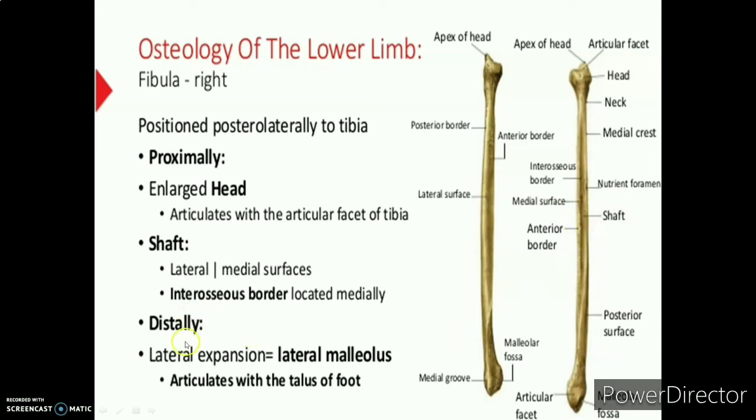Distally it has a lateral expansion, a bit coming out, known as the lateral malleolus, which articulates with the talus of the foot. So this is about the fibula. This is the posterior view of the fibula. This is the apex of the head, the posterior border, and behind it the anterior border. This is the lateral surface, medial groove and malleolar fossa.